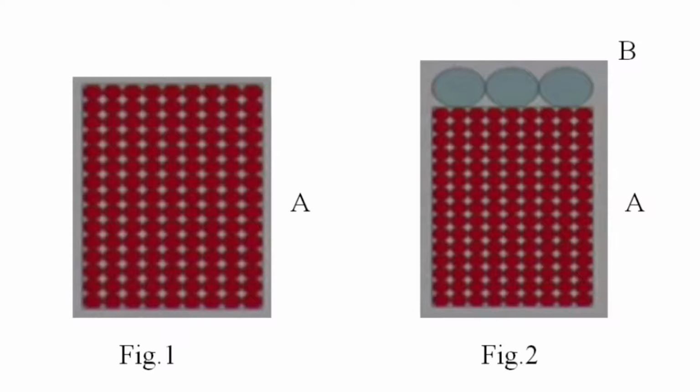In figure 1, the fine aggregate named A is being packed in a standard manner, and in figure 2, a coarse aggregate named B is being added to the fine aggregate mixture. So, based on this, let's see how the void volume gets reduced.